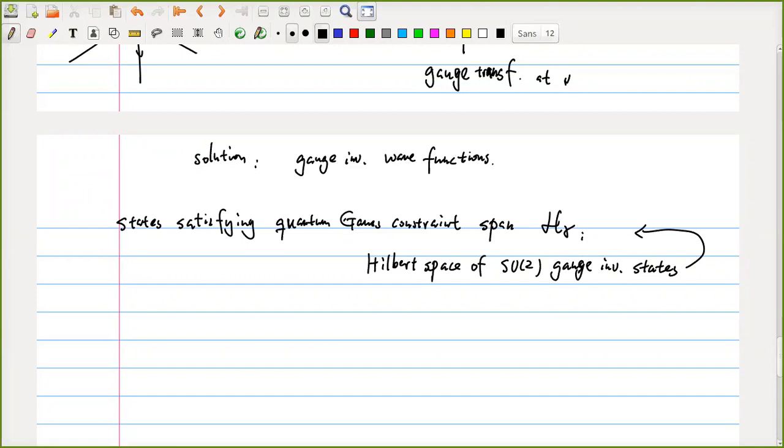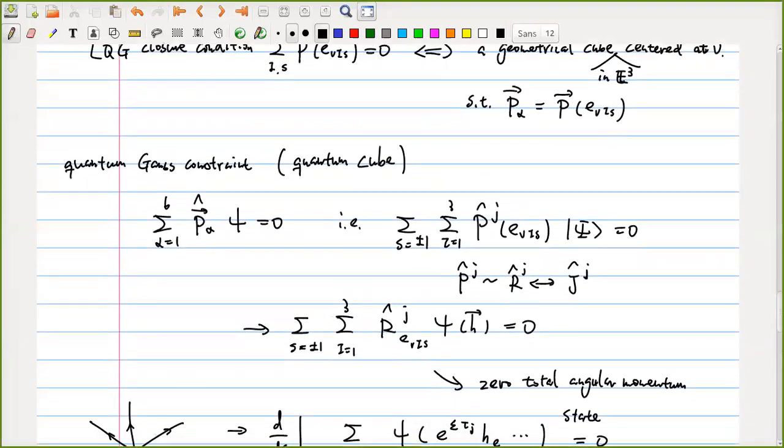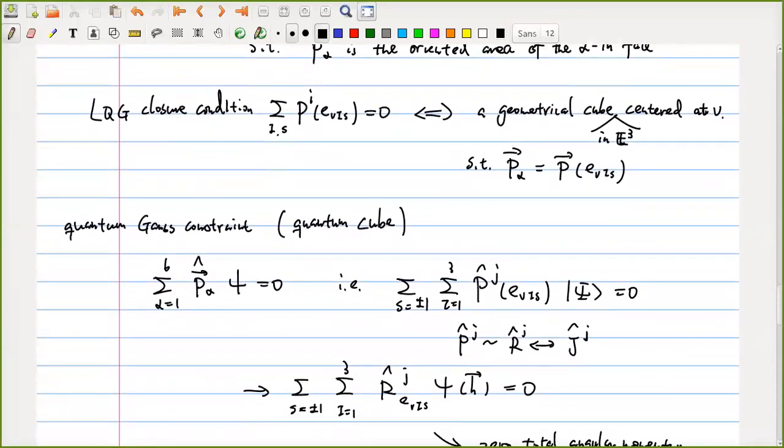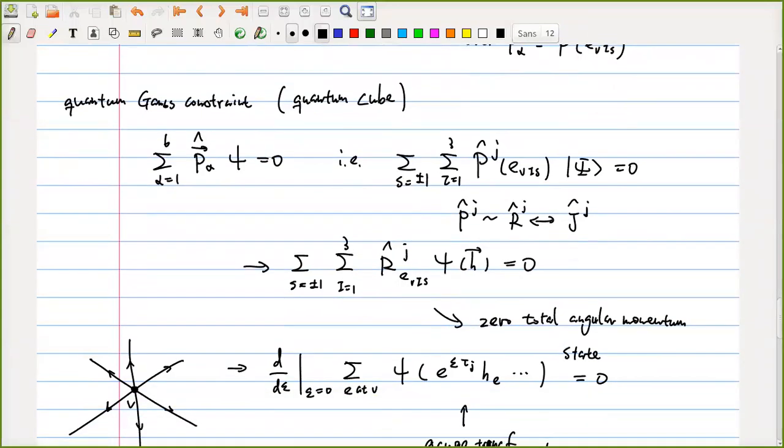Here you can view that what we are actually doing is quantizing, so of course we are doing loop quantum gravity. We have the quantum Gauss constraint in terms of a sum of fluxes, and we know the flux operator is just the right invariant vector field, and the solutions are just gauge invariant states.